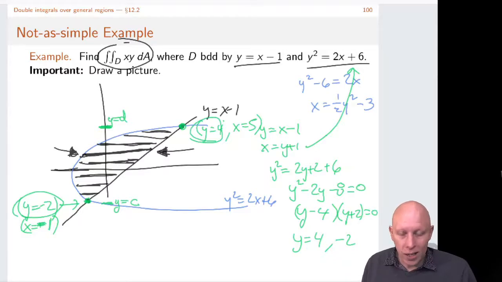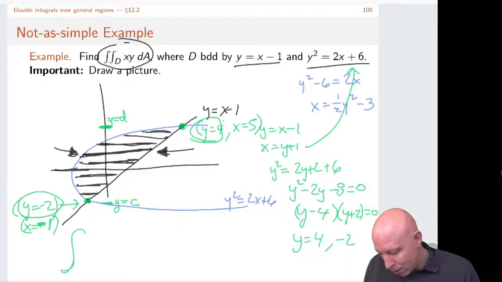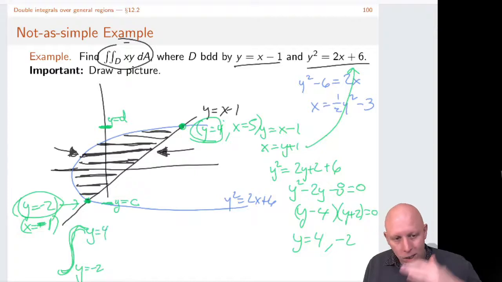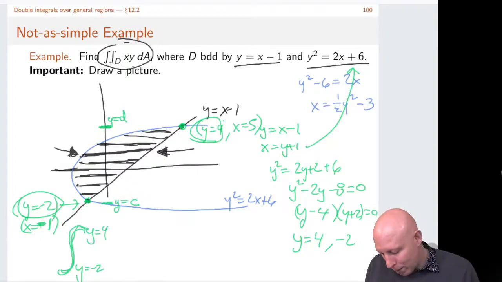And we need to then think about what the upper function is and the lower function. As we set up this integral, we're going to look at y is equal to negative 2 to y is equal to 4. That's where we start chopping, and that's where we stop chopping. And now we have to set up our integral, where we have our lower function and our upper function.